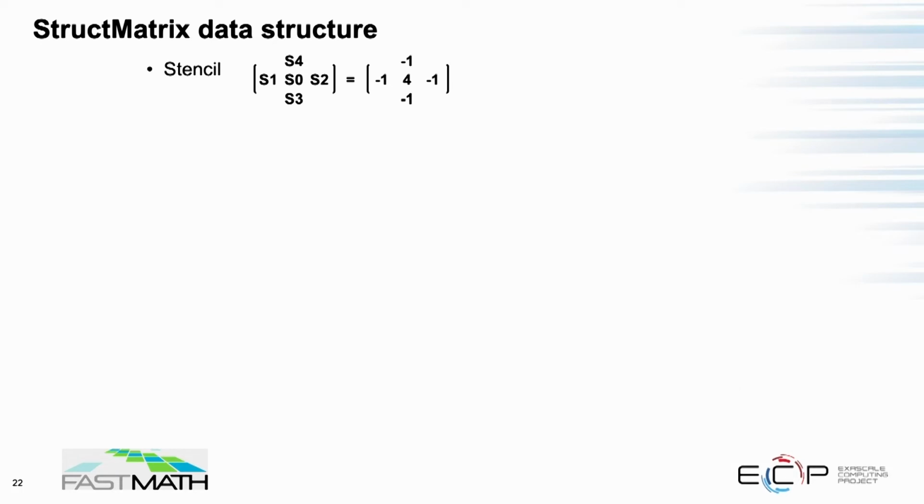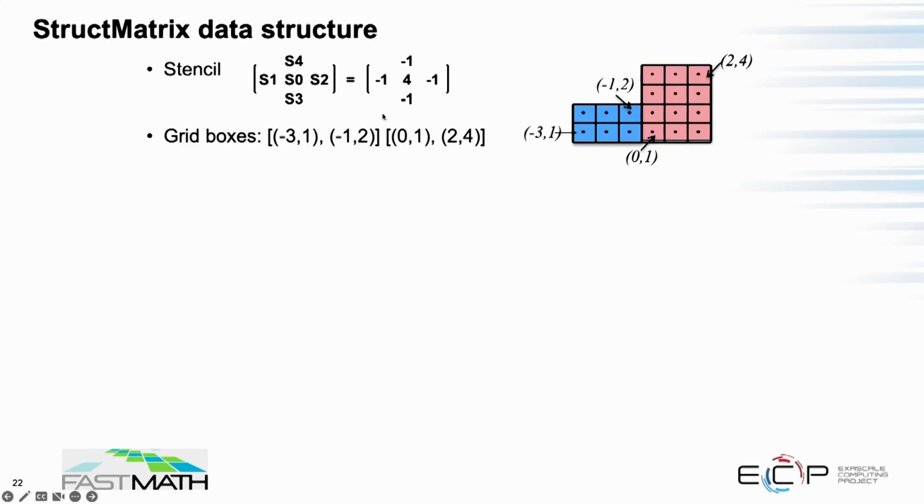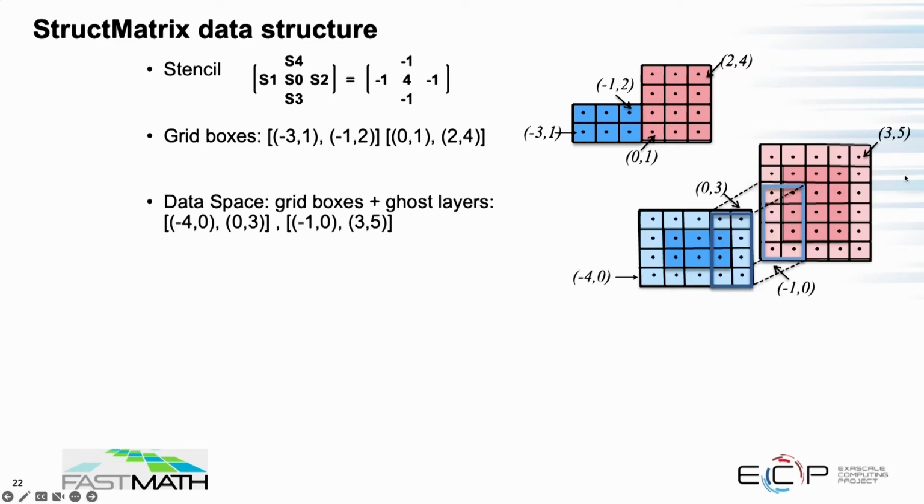Then to look a little bit more into the data structure, the user provides the definition of the stencil and the grid boxes definition. Then HYPRE under the hood generates what we term a data space, which is our grid boxes plus these ghost layers.